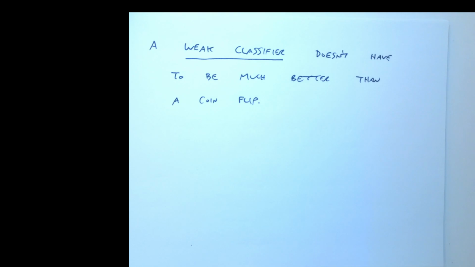Instead, what I could do is say I'm going to train my decision tree to get like 55% accuracy, which is not that much better than a coin flip, but then I train 20 of those things and I boost them, right? That's the idea, that not every one of the classifiers independently needs to be great, and I can save time in growing each independent classifier by not waiting until it's super good. So that's what it means.